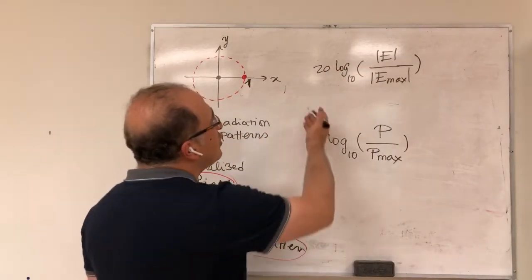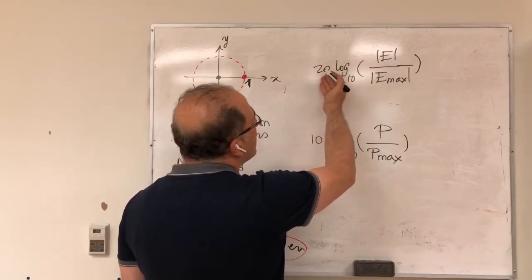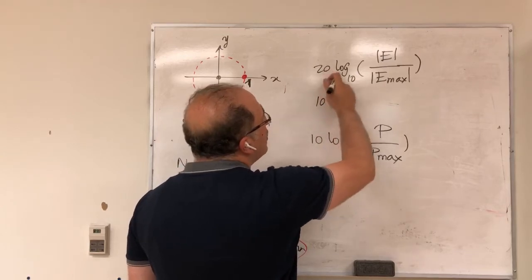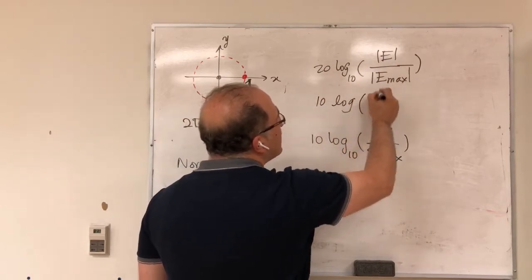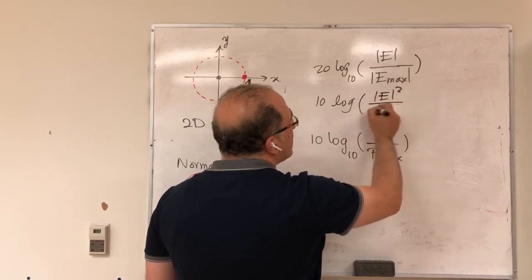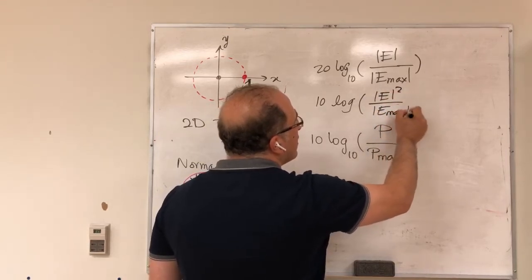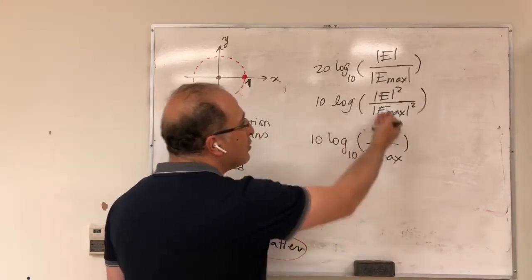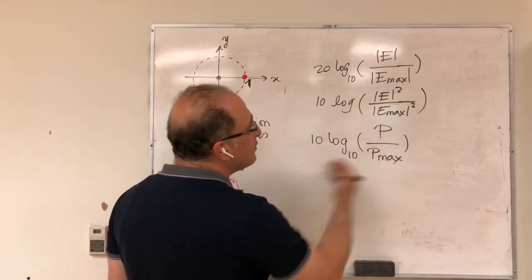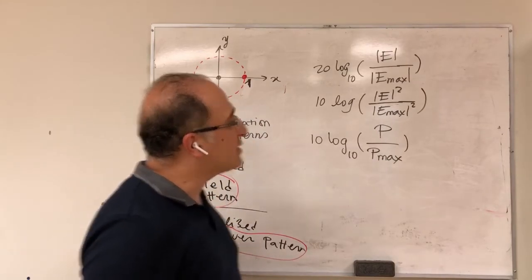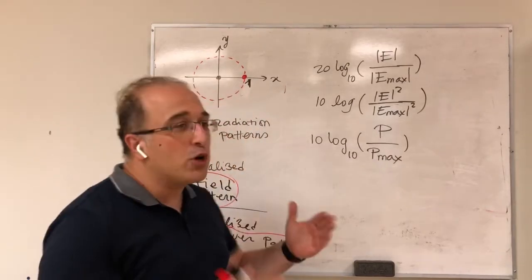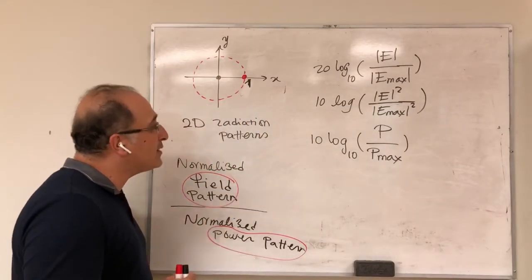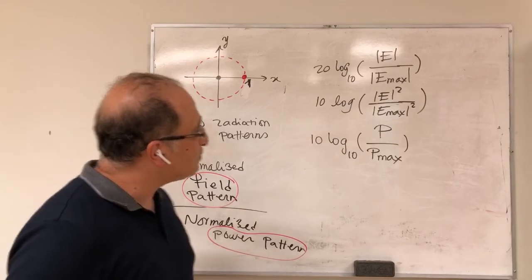And you know that you can break 20 into 10 times 2. And if you bring 2 into the log, that essentially becomes the power. And you know, when you have electric field squared, that becomes equivalent to power divided by maximum power. So essentially, if you convert them to dB, this field pattern and power pattern become the same thing.